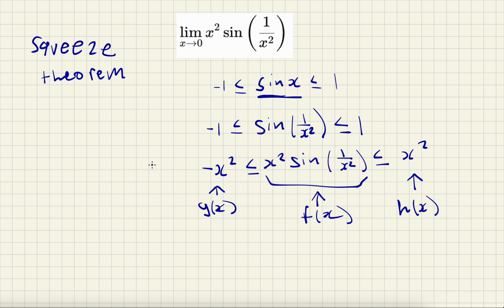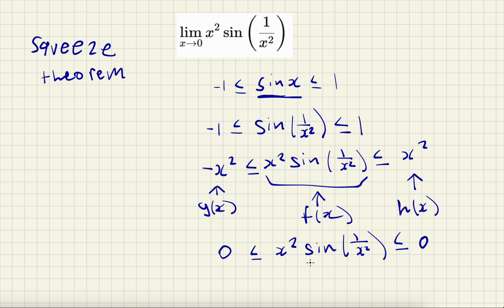And so let's see what we get. If we plug in 0, because x is approaching 0, into this equation, we get 0 is less than or equal to x squared sine of 1 over x squared, which is less than or equal to 0 squared, which is 0.